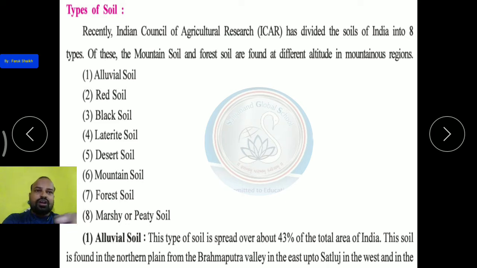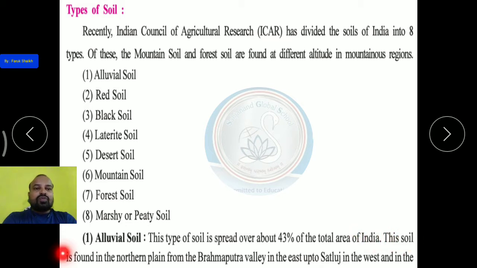Let us see first alluvial soil. This type of soil is spread over about 43% of the total area of India.